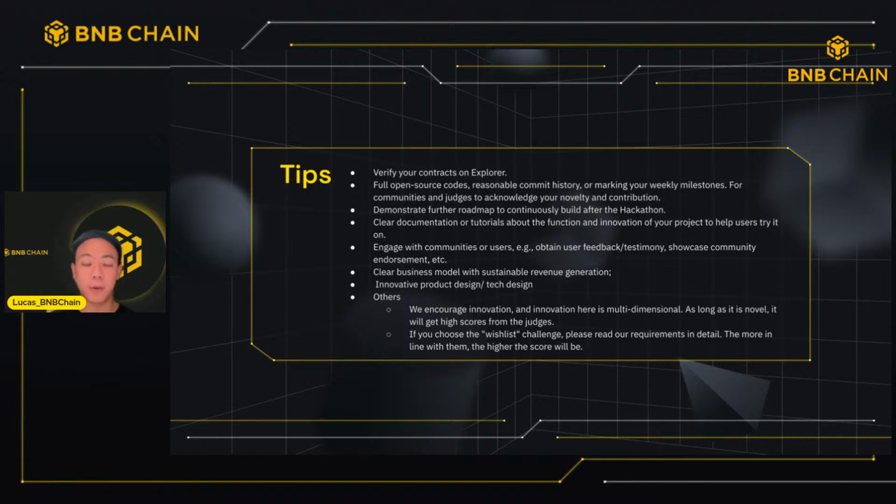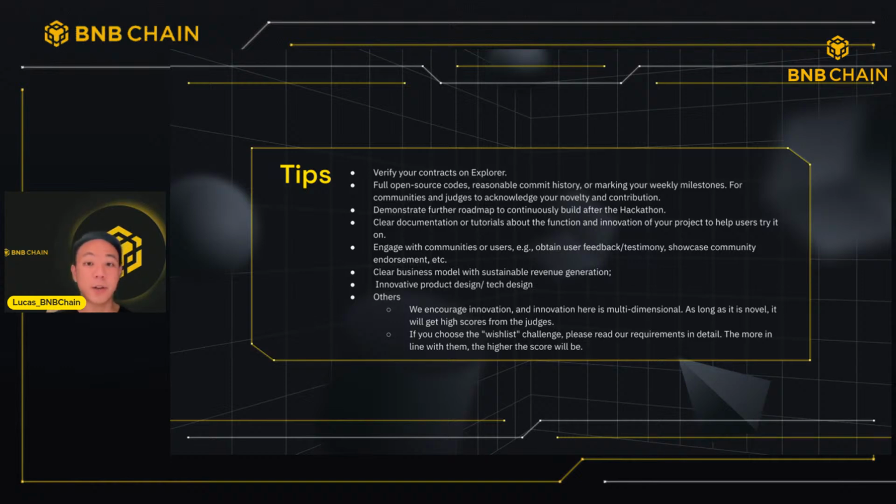Demonstrate your roadmap, to give us clarity on exactly what the future developments are. In this hackathon, you might not be able to build the full solution, so you can include in your roadmap how the final product will look and the different phases of development. Provide clear documentation, tutorials, as well as videos to help us understand your idea and your code better.